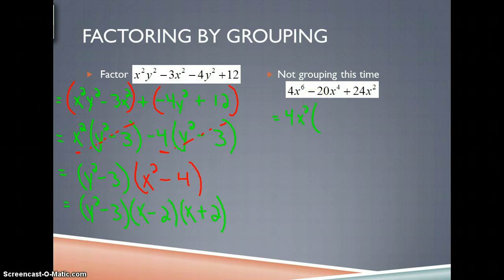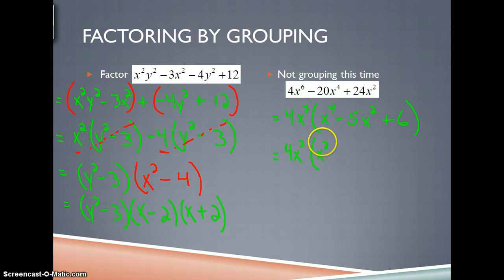So I'll factor that out. That will give me x to the 4th minus 5x squared, plus 6.